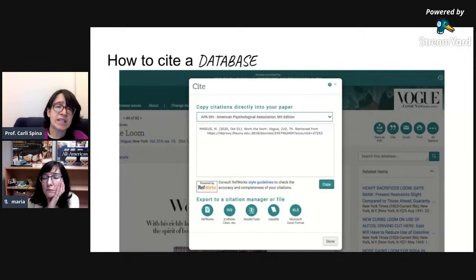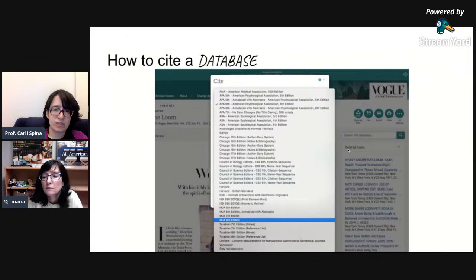Now, let's say that you don't use the APA 6th edition. Well, in fact, this actually is a tool that has a lot of different citations available. As you can see, this is a drop-down menu. And if I were to click on that drop-down menu, you'll see that it actually offers a huge array of different citation styles, probably way more than we would ever really particularly be interested in.